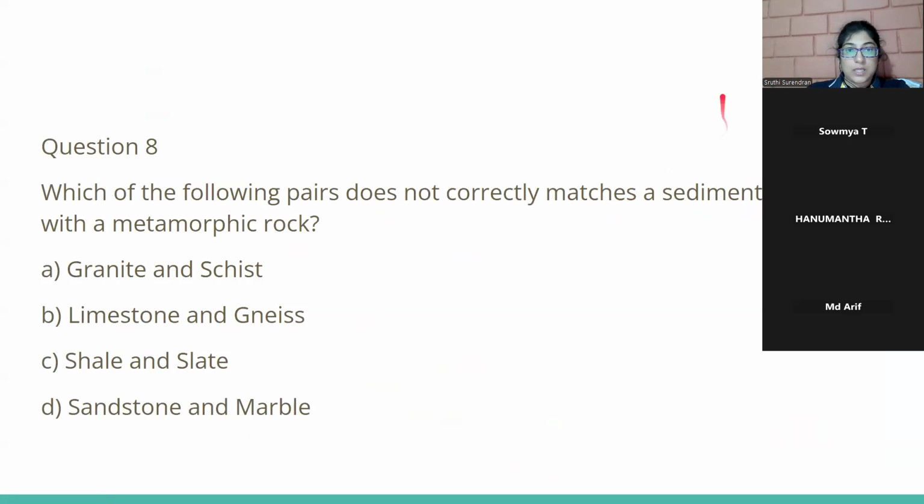Now, which of the following does not correctly match a sedimentary rock with a metamorphic rock? One is sedimentary, one is metamorphic. Which combination is wrong?